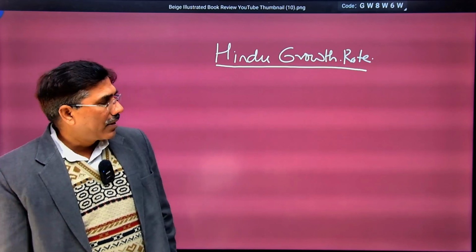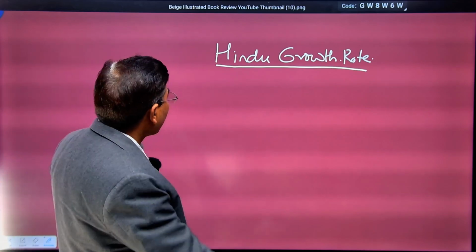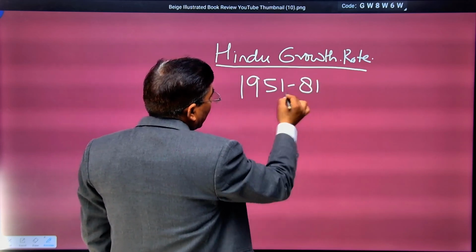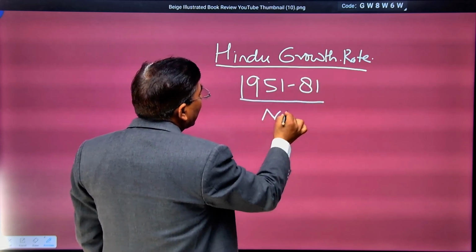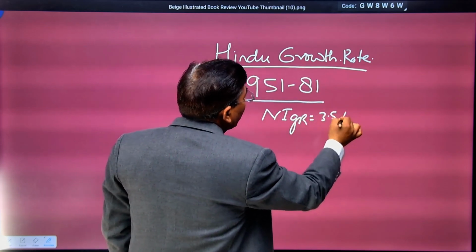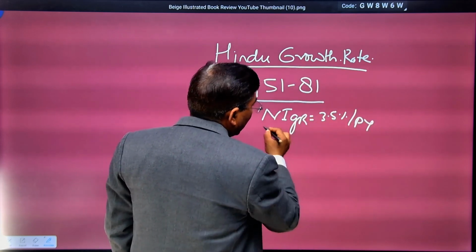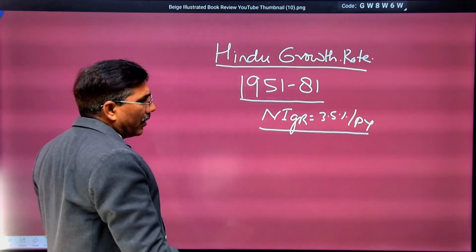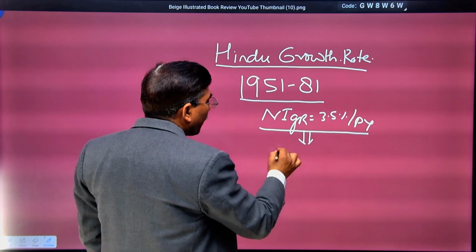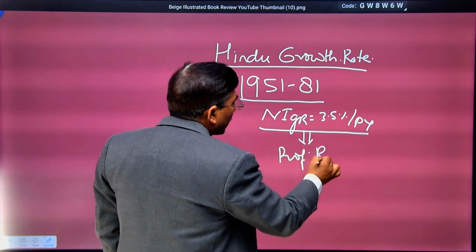What is the Hindu growth rate? Prior to explanation, I give some statistics. During 1951 to 81, India's national income growth rate was 3.5% per year. That is a very low growth rate, which was defined and given the nickname Hindu growth rate by Professor Raj Krishna.